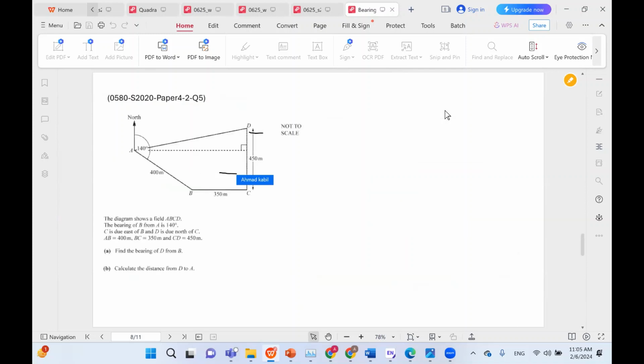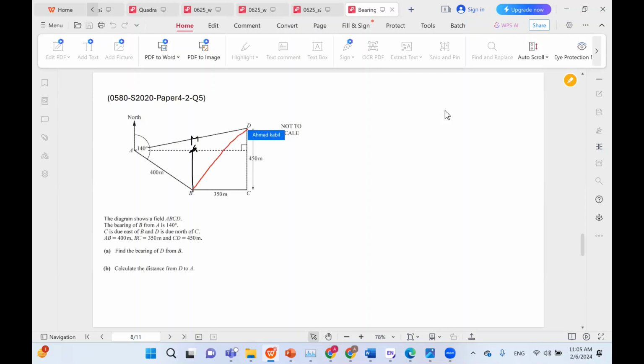Let me just rewind and take you on a very quick summary of what we did, because this was a bit messy. So I want you to figure out the steps that we took in order to find what we want. So first of all, we drew a north at B. And we called this point here M. We are required to find the bearing of D from B. So we joined BD like this.